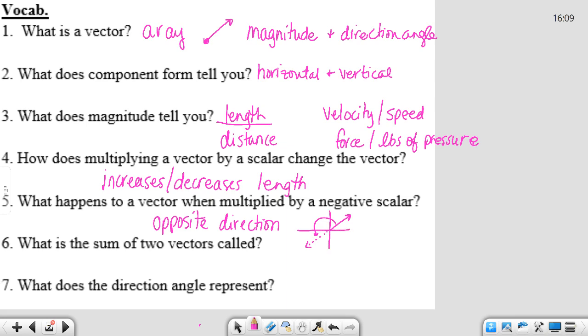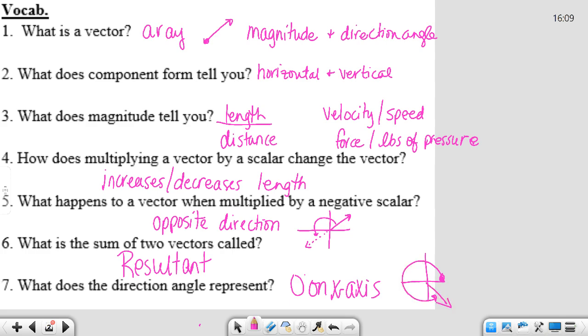The sum of two vectors is called the resultant. So it's the resultant. There you go. And the direction angle for your vector tells you how your angle is created by the vector from 0 degrees on the x-axis. So remember, we're always starting here and traveling around until we get to wherever the vector is.